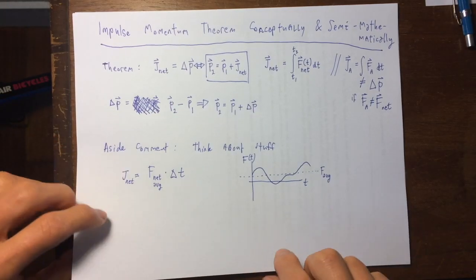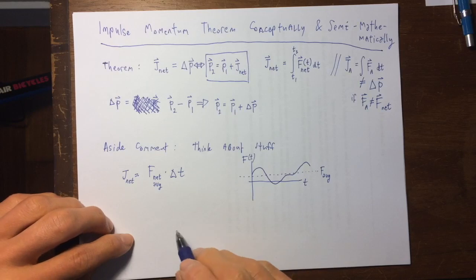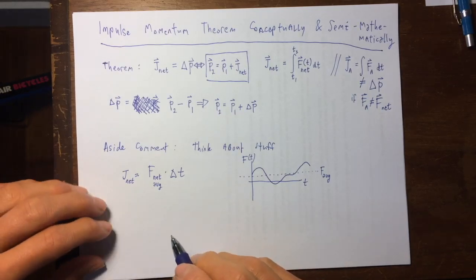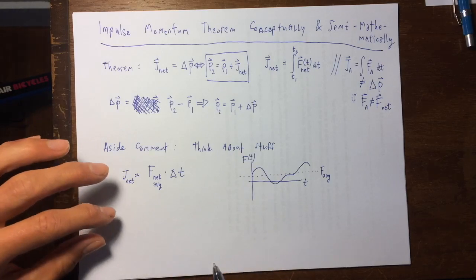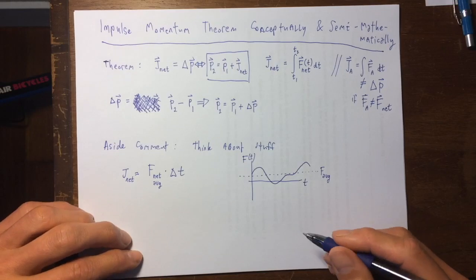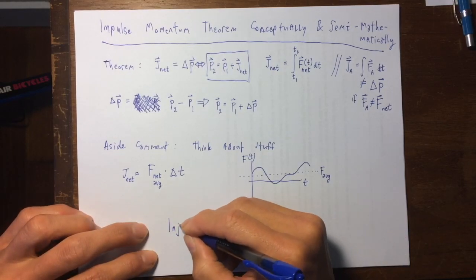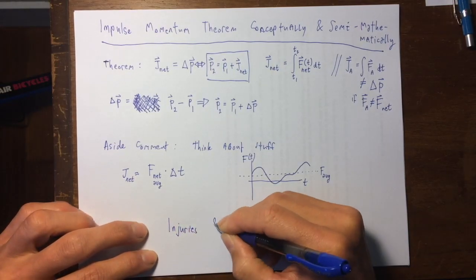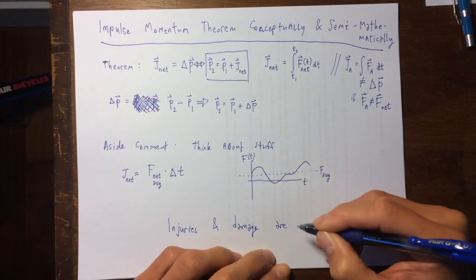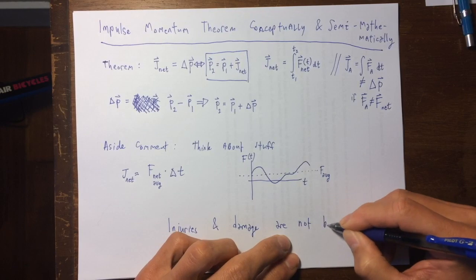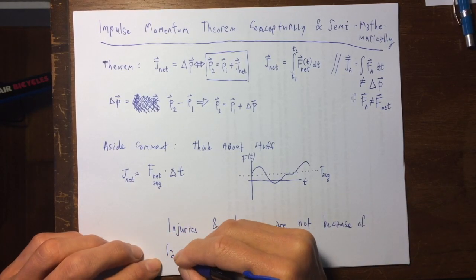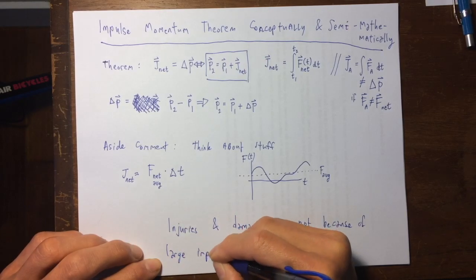Okay. So before I move on, I want to give you a clue, because you might be able to pre-guess where I'm going with the conversation. I want to say injuries and damage are not because of large impulse.